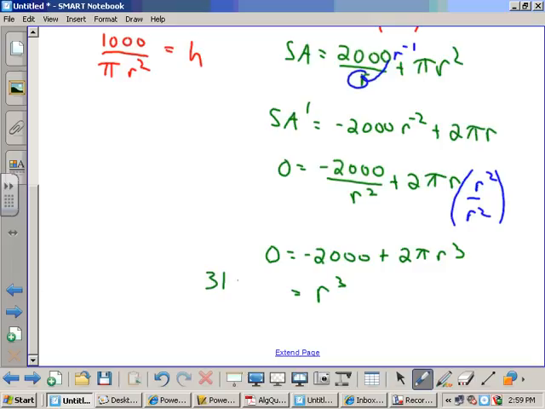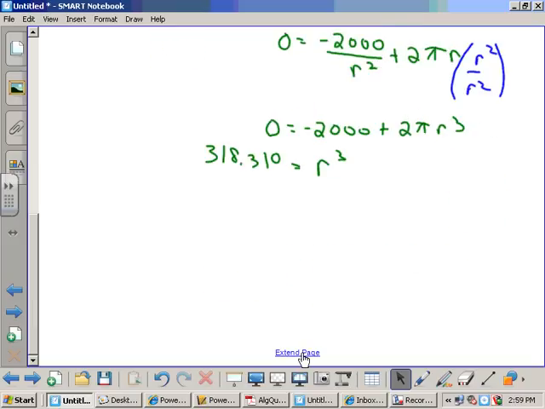We have 318.310. And then we're going to take the cube root. And I'm finding the radius to be 6.828. That is in centimeters.